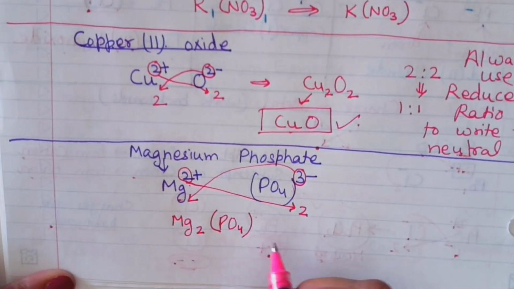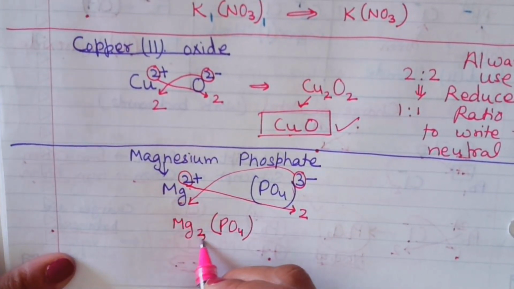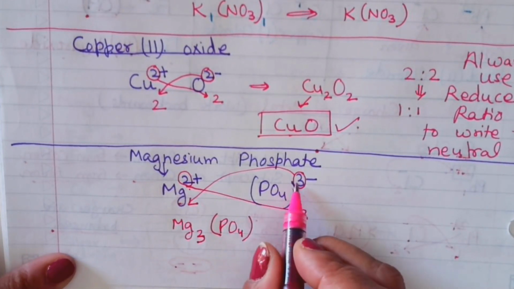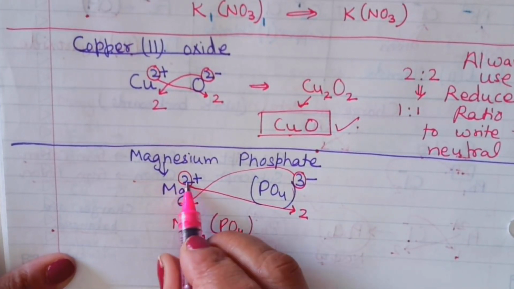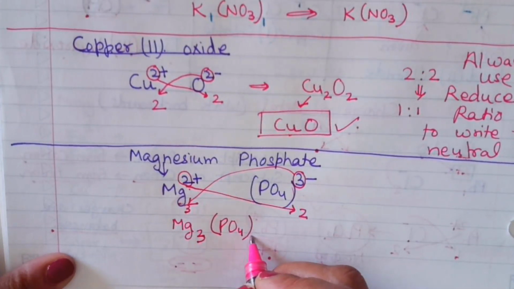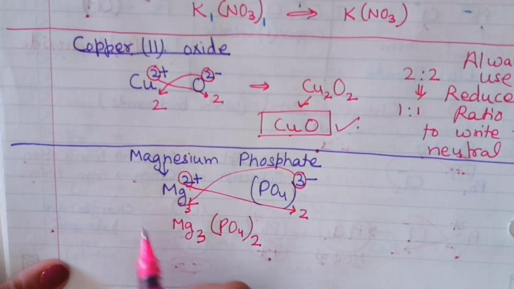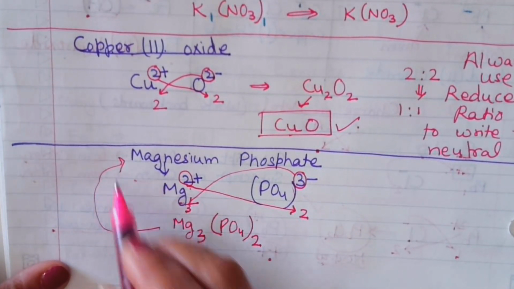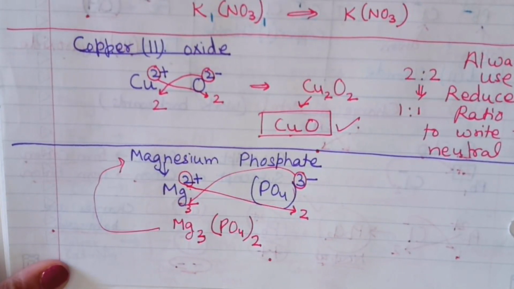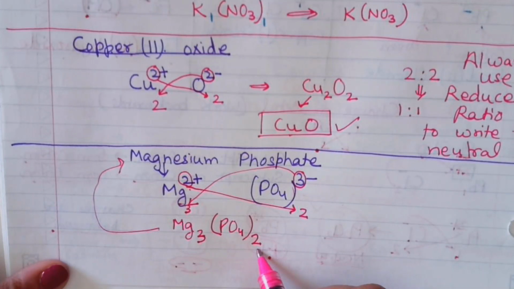Now this is 3, so Mg3. This 3 goes here and this 2 goes here. So that is the formula for magnesium phosphate: Mg3(PO4)2, right?